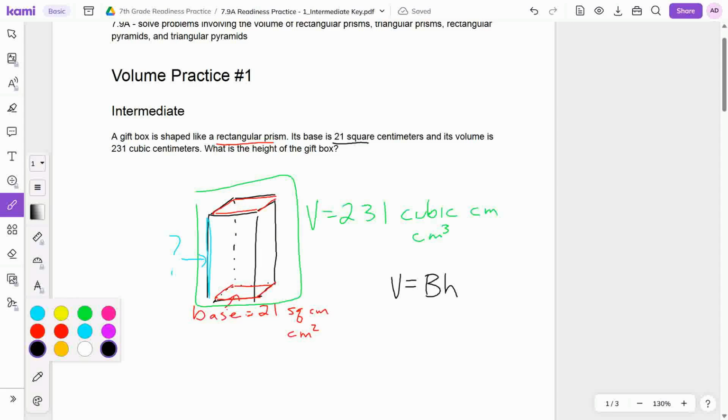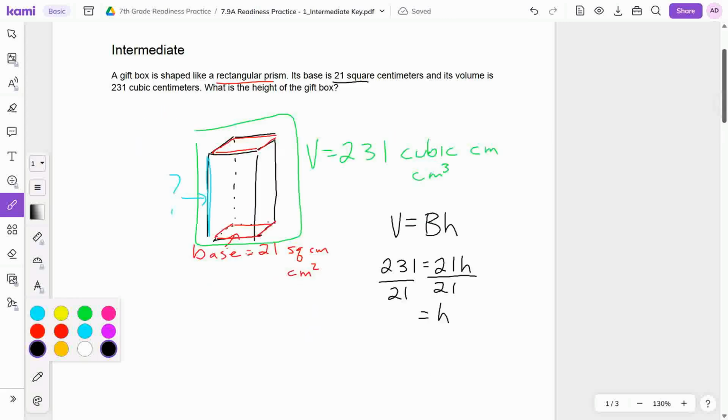The volume is, I'm going to substitute in 231 for my volume. I'm going to substitute 21 in for my B, and then I just need my height. Well, now I can use the properties of operation, right? And I can divide both sides by 21. And that's going to get me what H is.